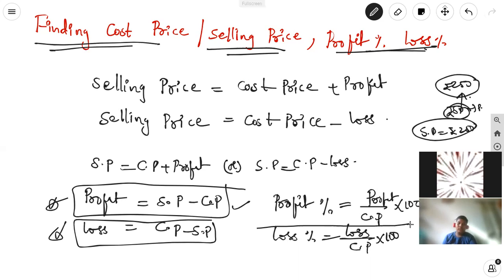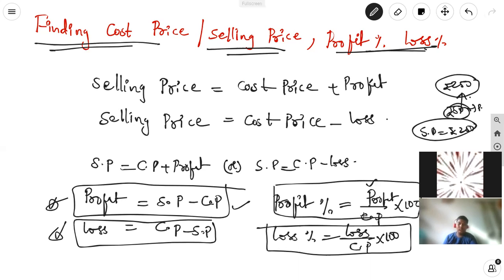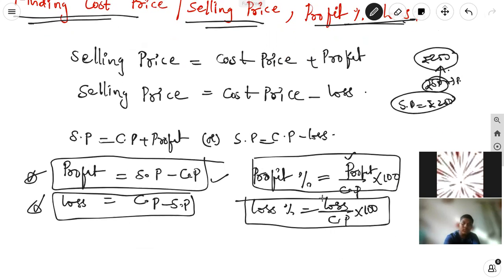You remember how to find the percentages of profit and loss. If we know the profit amount and actual cost amount, then profit by cost price into 100 is the profit percentage. Percentage means we take the ratio of profit to actual price, into 100, and loss to actual price, into 100.